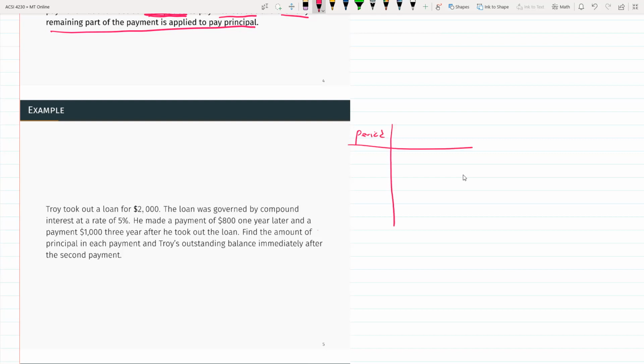Period. Then the payment amount. Then the interest paid. Then the principal repaid.